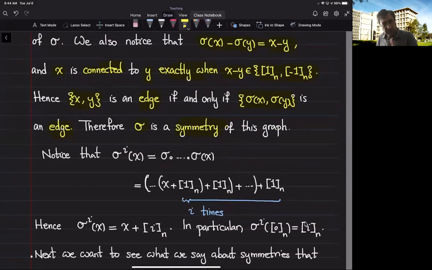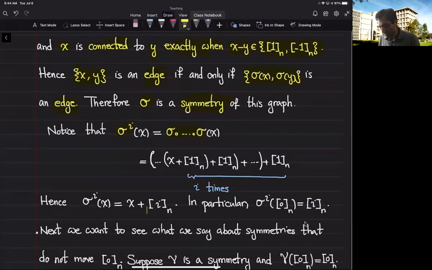We use this exponent notation, and when I apply sigma I times, that means each time I'm adding the residue class of 1, and at the end I'm adding the residue class of I, because I'm adding 1 I times. So sigma to the power I is essentially a rotation: I times clicking it to the left, a counterclockwise rotation.